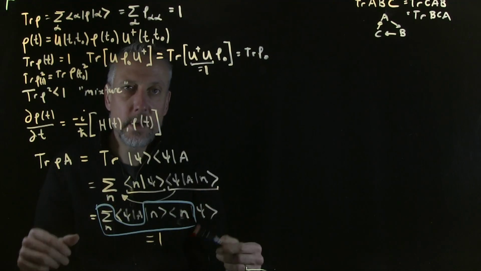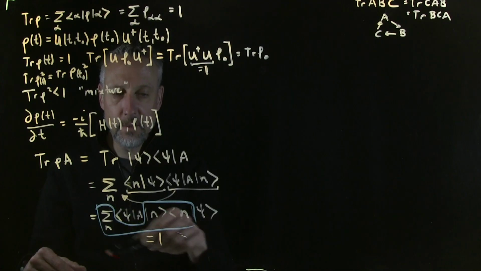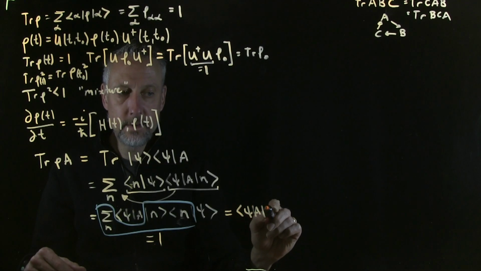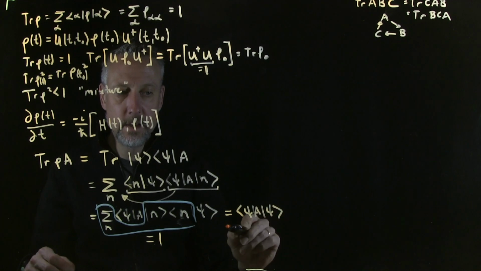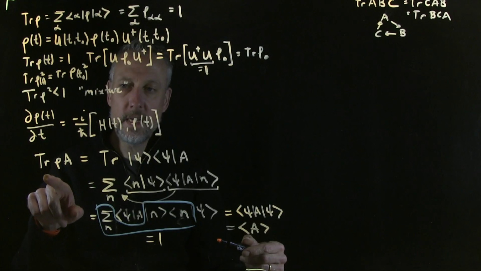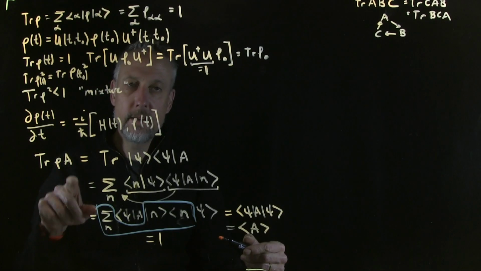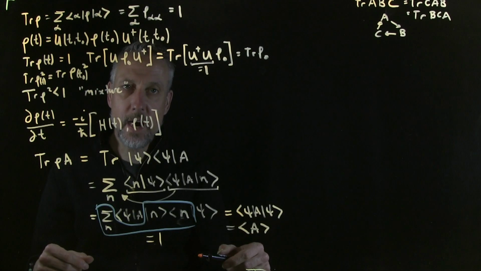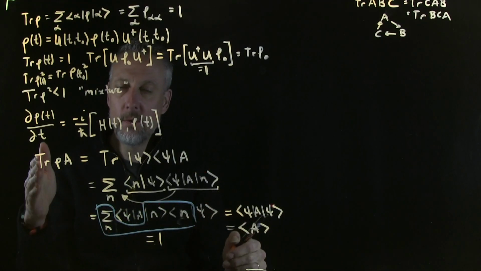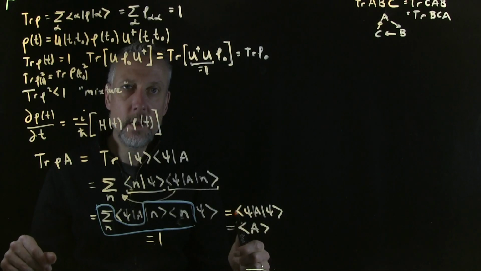Presumably, of course, we put in a complete basis. So this comes out. So this is equal to <psi|A|psi>, which tells us then that this is equal to the expectation value of A. Okay, so trace of rho A is equal to the expectation value of the operator A. This teaches us how to do expectation values when our main object is the density operator.